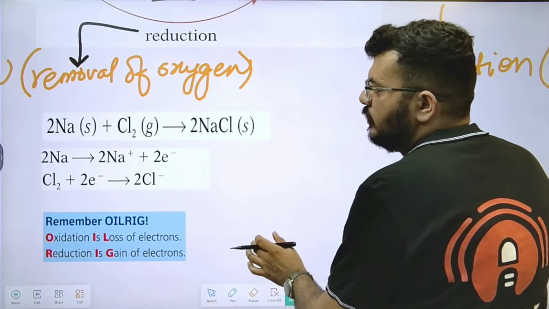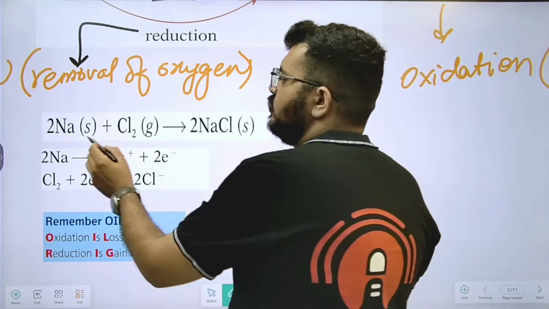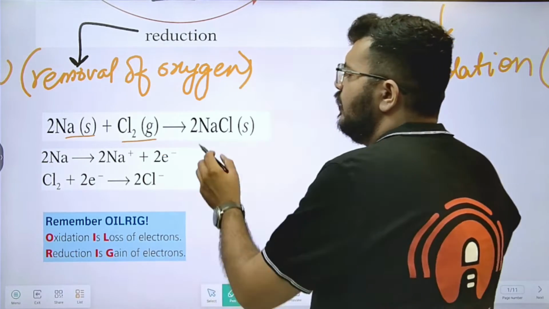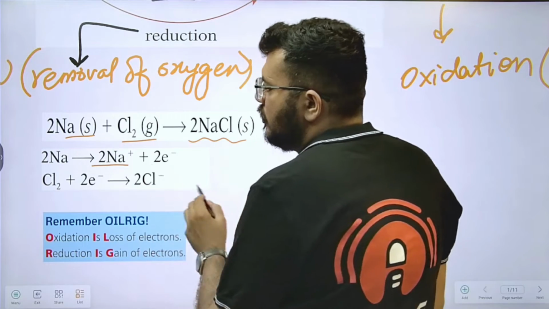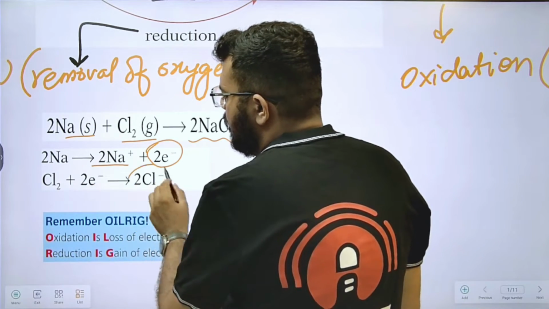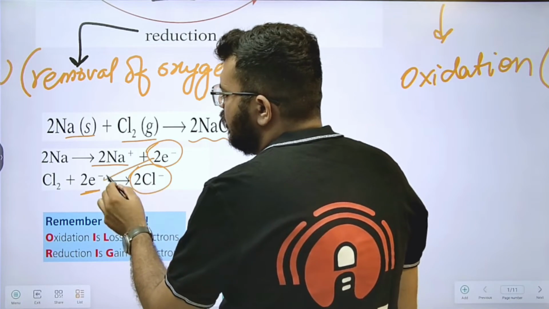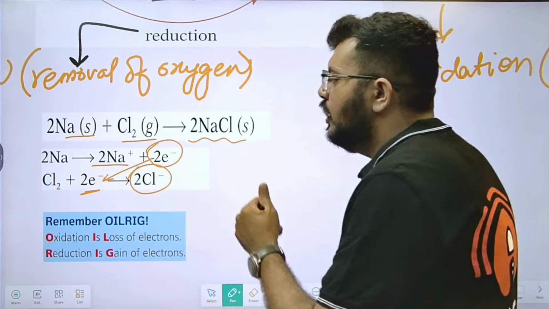This example is sodium plus chlorine. Sodium solid and chlorine gas react to produce sodium chloride. Sodium forms a sodium ion by losing an electron, and chlorine forms a chloride ion by gaining that electron, so there is an electron transfer taking place. This is an ionic bond.